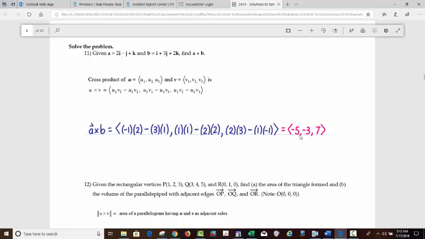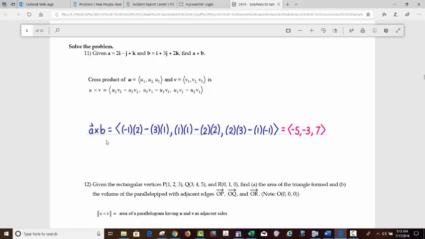If you dot product this answer with both original vectors, it should yield 0 to make sure it's orthogonal to both. If you cross them in the wrong order, they would still be orthogonal, but it wouldn't be A cross B. It would be B cross A, the reverse.